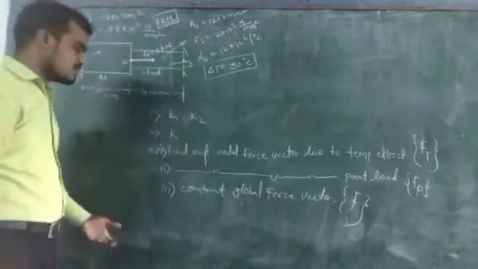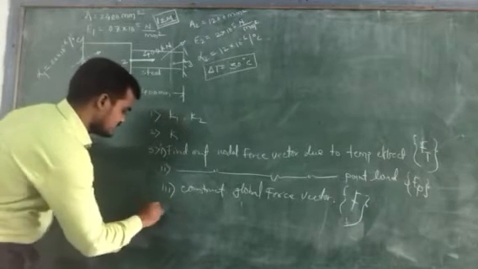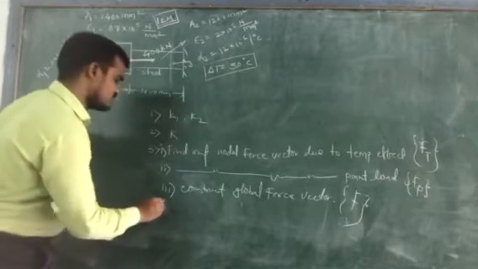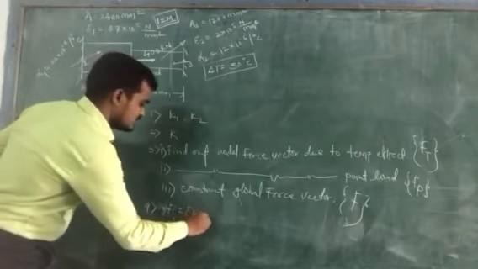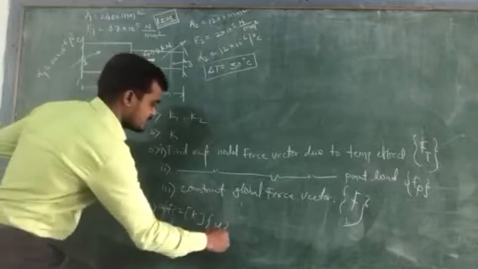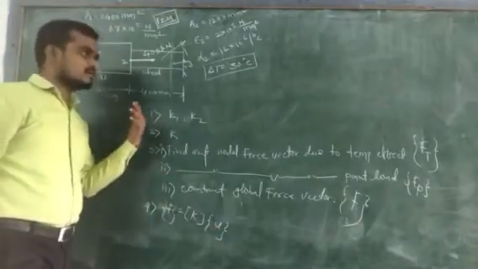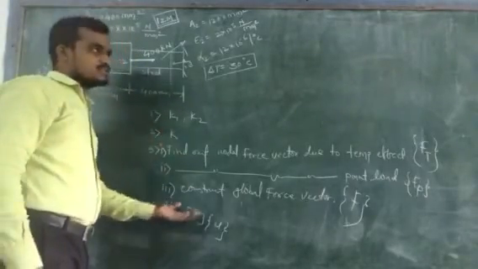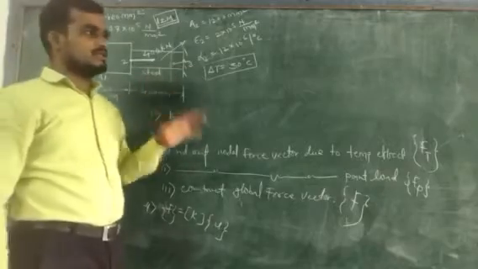The next step is the same: construct the force and displacement relationship. Then finally apply the boundary conditions. By applying the boundary conditions, you will get the eliminated equations, and by using these equations you will get the displacements.